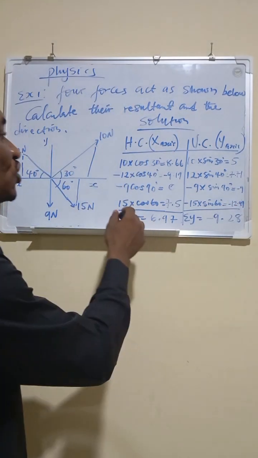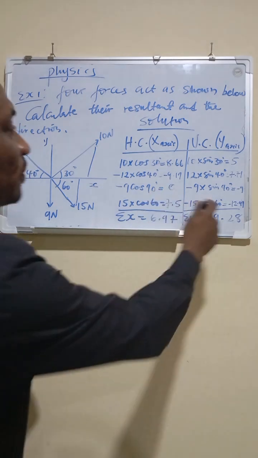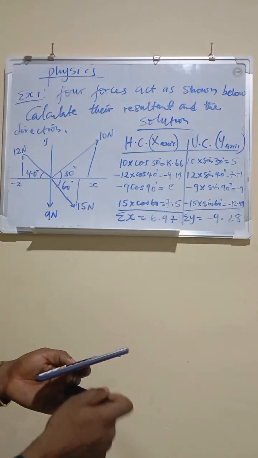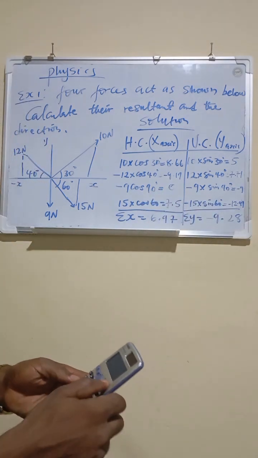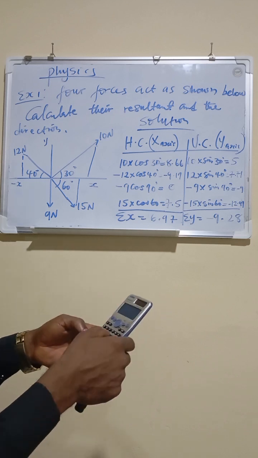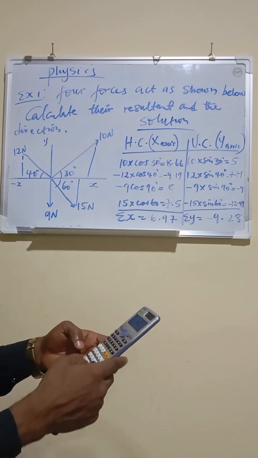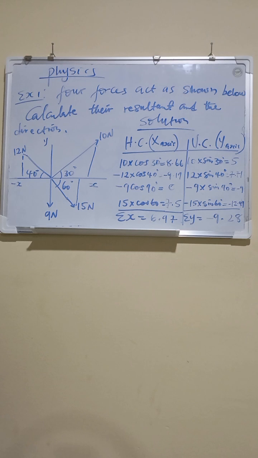So you can see the summation of x is positive and the summation of y is negative.